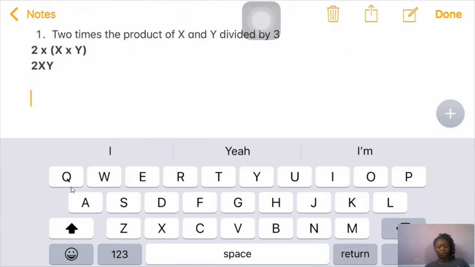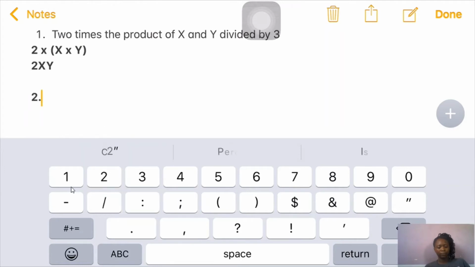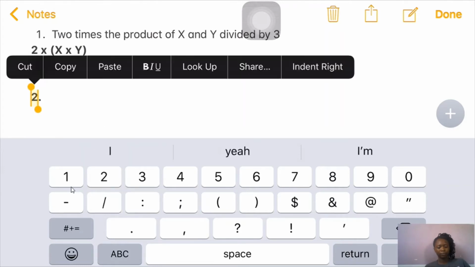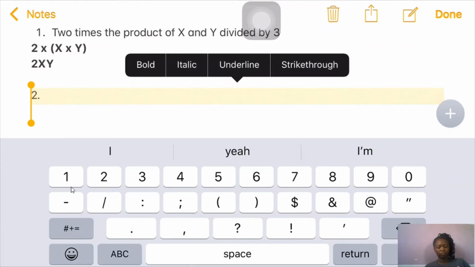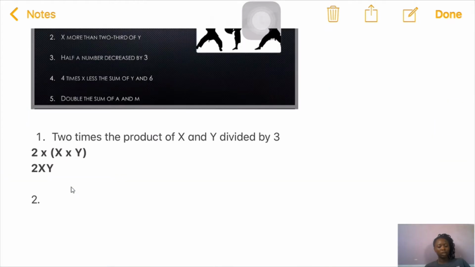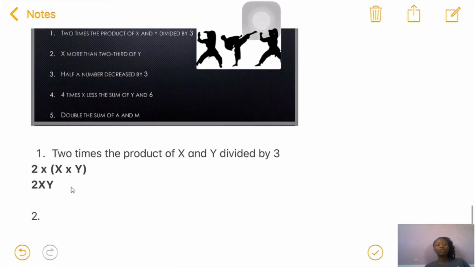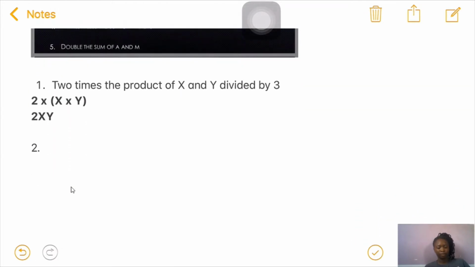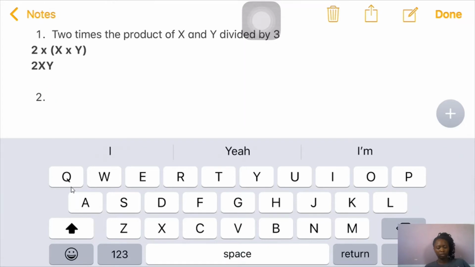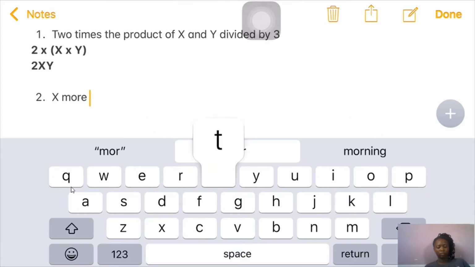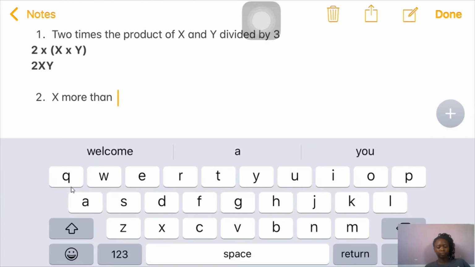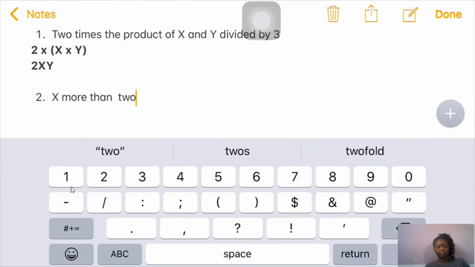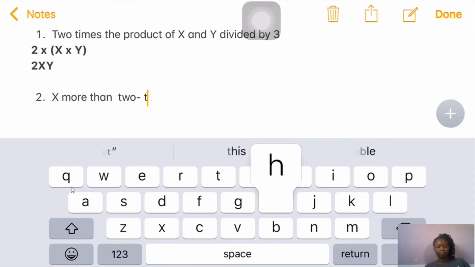Okay. So the second one says x more than 2/3 of y.